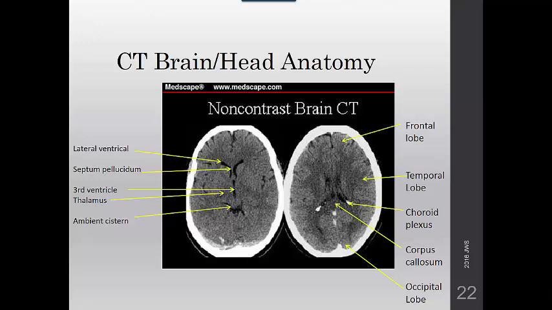And the image on the right again displays the frontal lobe, the temporal lobe, the choroid plexus, where CSF is produced, and these happen to have calcifications within them, which is a normal variant. Below this is the corpus callosum, and finally the occipital lobe.